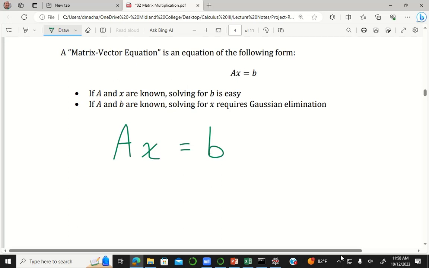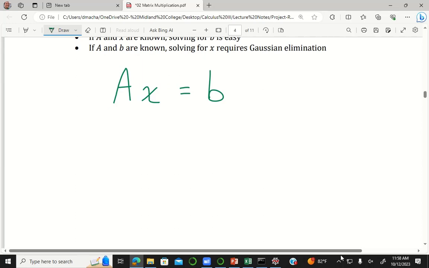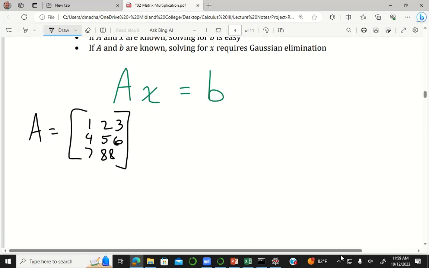If you happen to know A and B, you can solve for X by using Gaussian elimination. Let me kind of explain that a little bit. If I have a matrix A, which is just 1, 2, 3, 4, 5, 6, 7, 8, 9. And let's say that my X vector is equal to the vector, let's say, M, N, now let me name it something different.